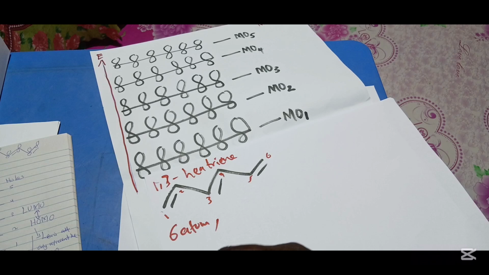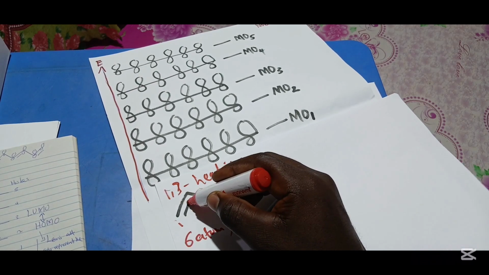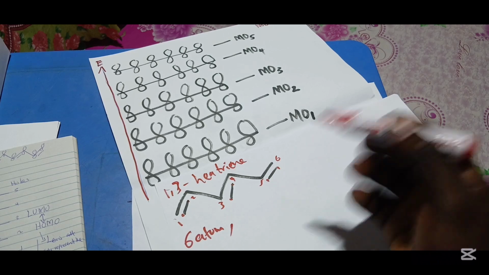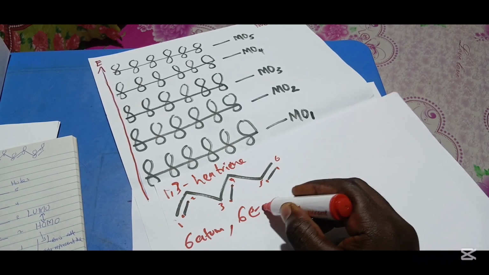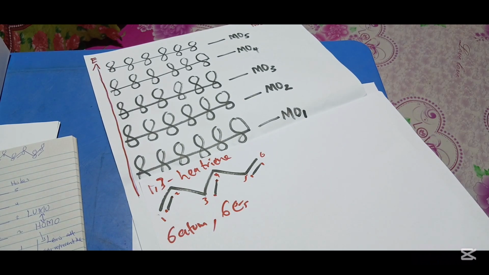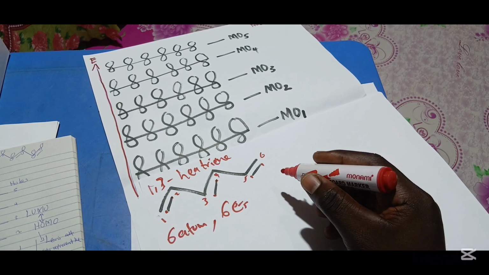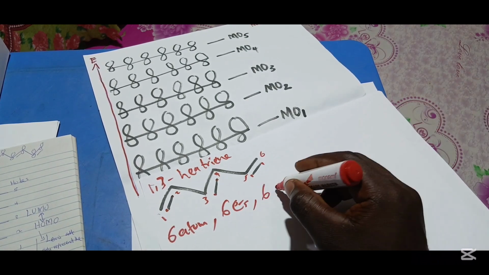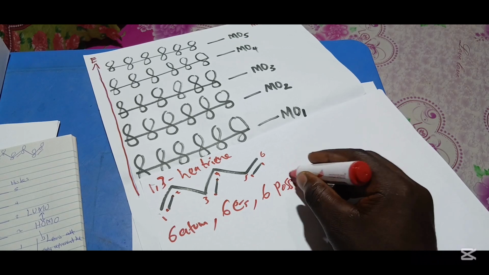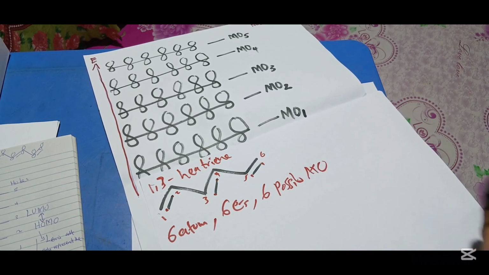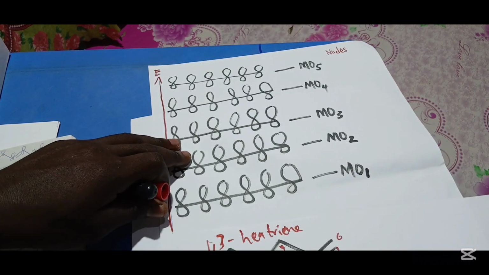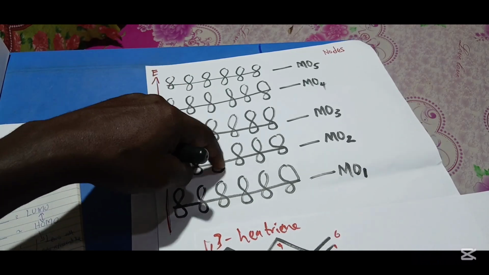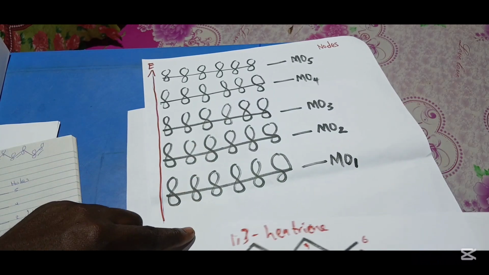Let's count our number of electrons involved: 1, 2, 3, 4, 5, 6. 6 electrons are involved. This is somewhat easy to predict, right? Now we are going to look at our possible molecular orbitals. We are also going to get 6 possible molecular orbitals. That is why I already drew this. So you can see that we have 1, 2, 3, 4, 5. Oh, this is actually 6.